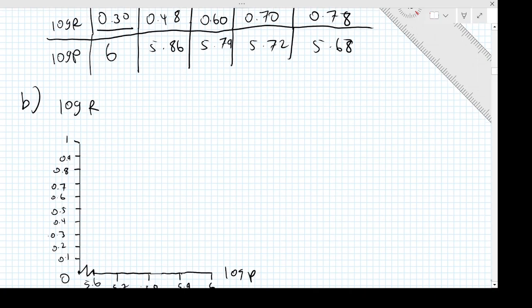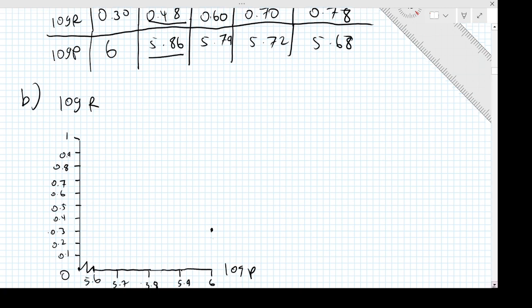0.3, so that's going to be along here, right? That'll be when log P is 6. So 6 is at the very end, so it would be there. That's my first coordinate. Then 0.48 against 5.86.